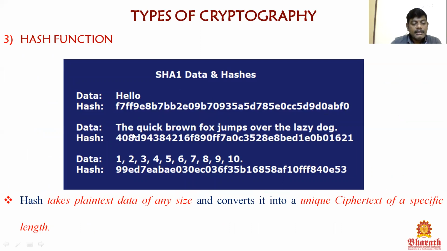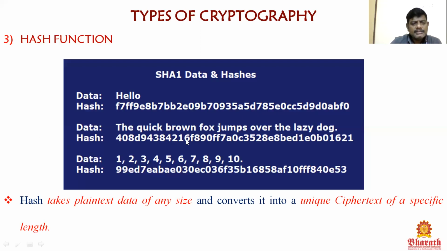Second example: the quick brown fox jumps over the lazy dog. This is the input data given to the hash algorithm. The first example was only hello, the second is a phrase. What about the output ciphertext?